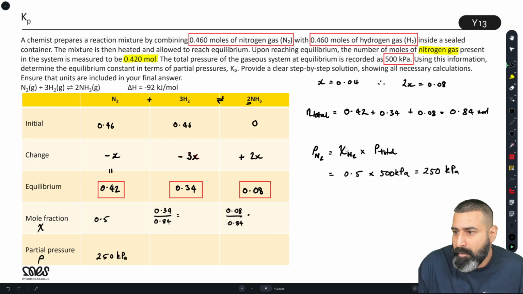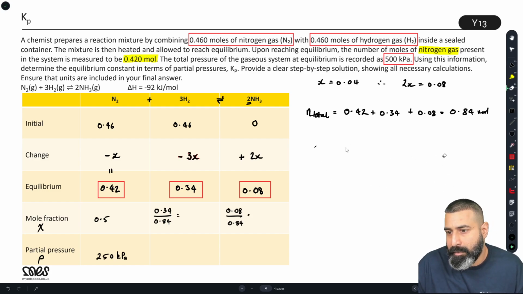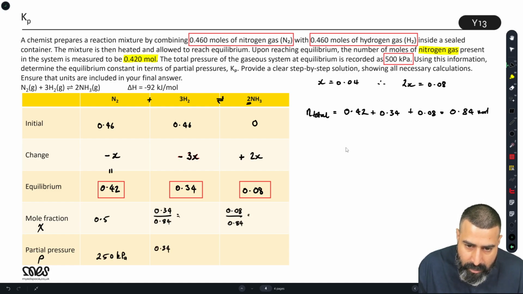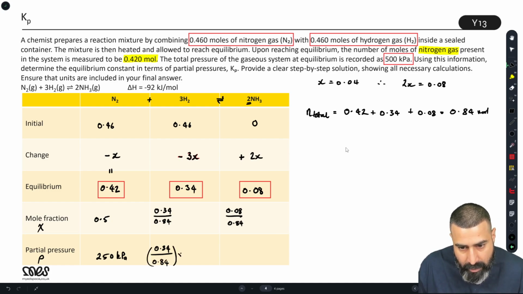Done. Okay, so just going to rub that out to give us more space for the actual calc. So why didn't I put numbers there? I'll tell you why. Because I can leave everything in my calculator and round up towards the end, okay? So if we times that by 500, what do we get? And we'll do the same thing here.